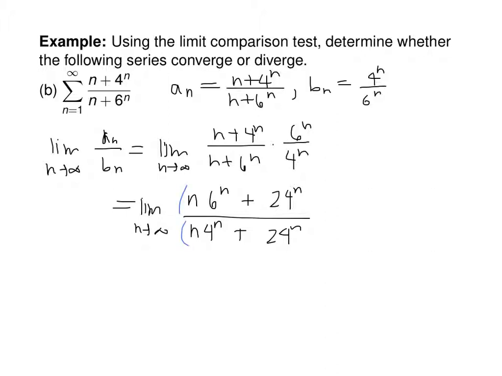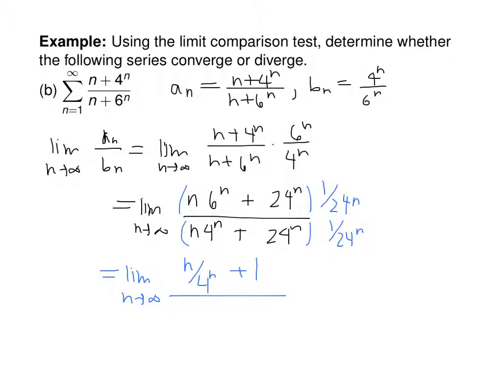And from here, I'm going to multiply by 1 over 24 to the n. That gives us the limit as n goes to infinity of n over 4 to the n plus 1 over n over 6 to the n plus 1.